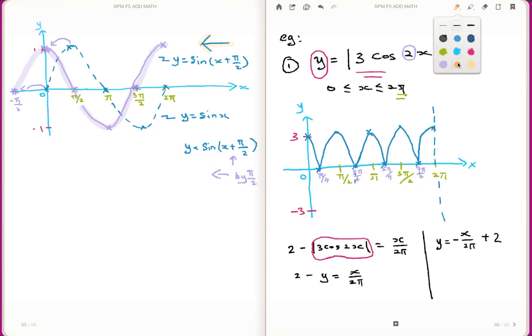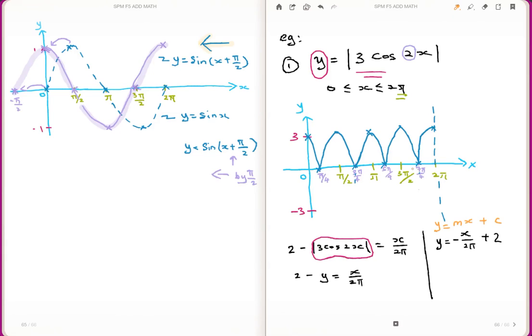It's a straight line, compare it with y equals mx plus c. Sketch this line over the same curve and find out the number of intersections. This is how the question comes out. 7 marks total.